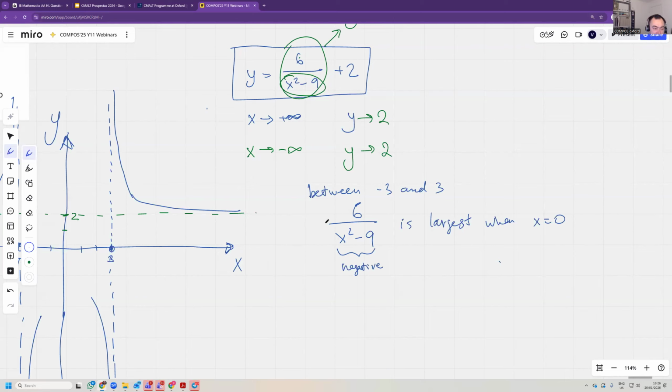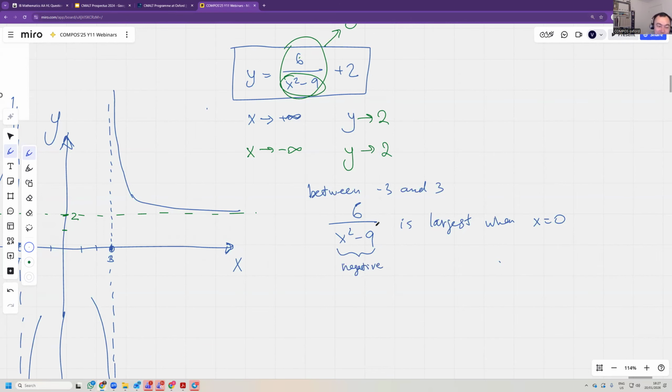So if you want the largest value of this expression, then you want to divide by the most negative number, if that makes sense. Most negative possible number, and this number is -9. I hope that makes sense.